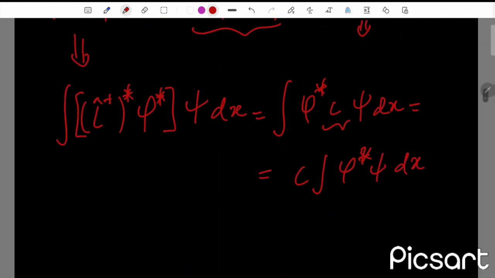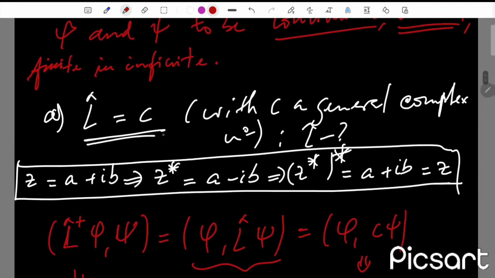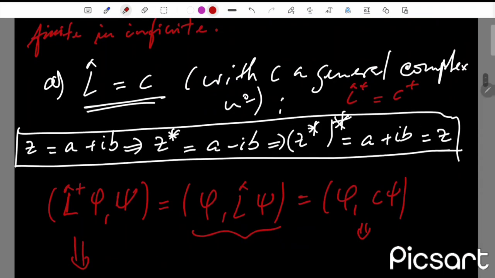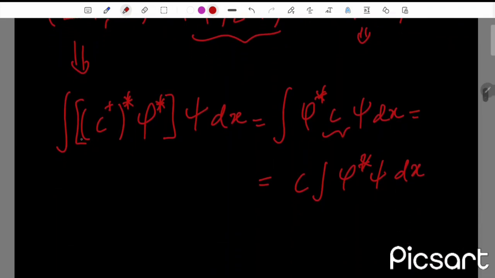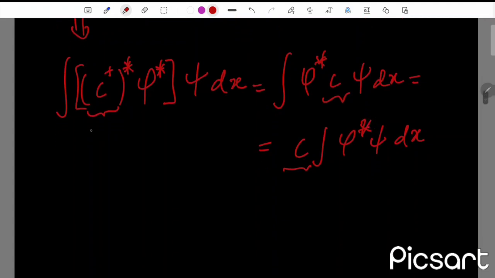Then we can take it out of the integral, and we have now c times the integral of phi complex conjugate psi dx. On the other hand, if L is equal to C, this means that L dagger is actually C dagger. And here we can substitute C, so that if C is a number, then its complex conjugate must also be a number, so that we can take it out of the integral.